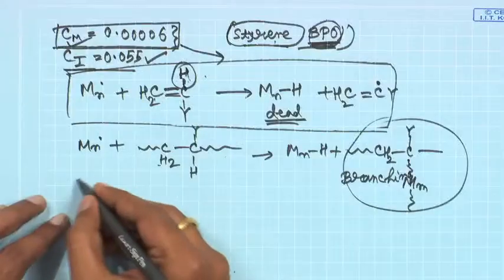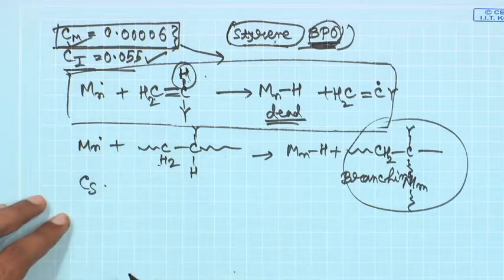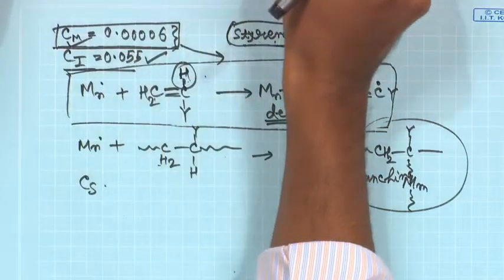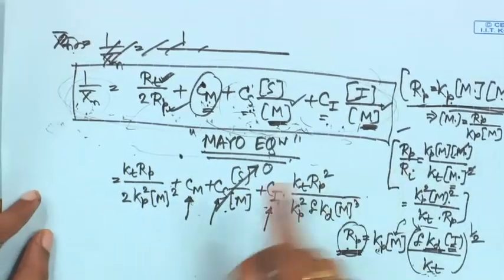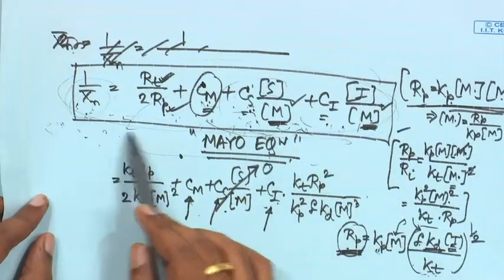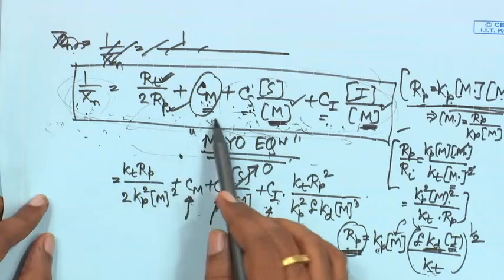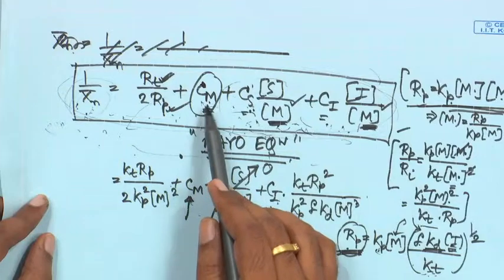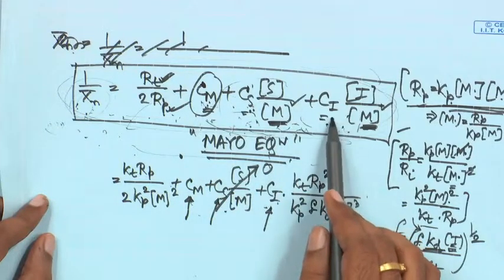So, finally, how can you determine the value of Cs? If you go back to the general expression of 1 divided by xn, you have this term plus Cm, plus this. We have talked about how to determine the value of Cm and Ci in great detail.